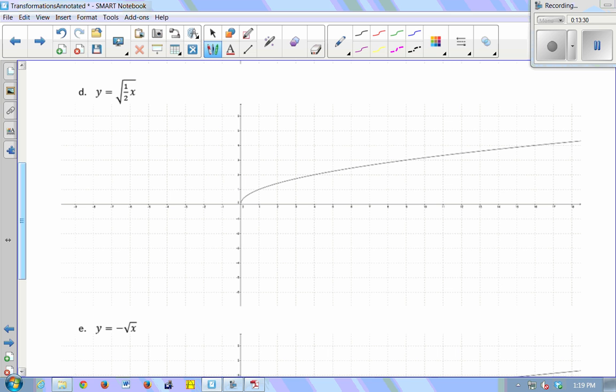Okay, so this is a horizontal stretch by a factor of what? 2. Yeah, it's the reciprocal of that 1/2. So it's by a factor of 2. Okay.